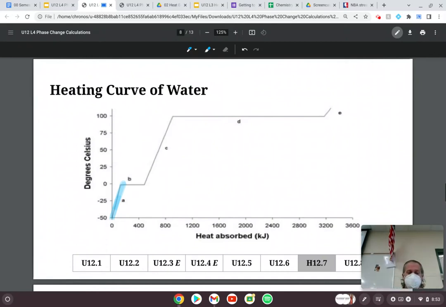But if you start at 0 on the heat absorbed axis and you start adding energy, let's say it looks like they added maybe 100 kilojoules of energy, the temperature of the substance started to warm. So in this instance, this part right here is a thermal change. We are heating or warming a solid.